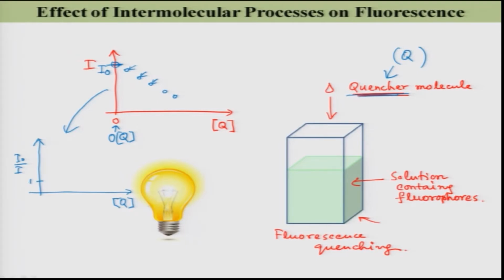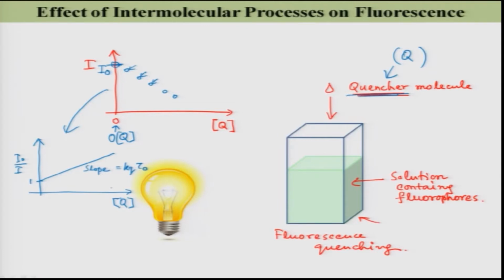As I increase the concentration of the quencher, the fluorescence intensity will decrease, so the I0 by I value will be greater than 1. You will get such a kind of plot, with a specific slope, and that slope is equal to kq tau0. I will come to this derivation later on.